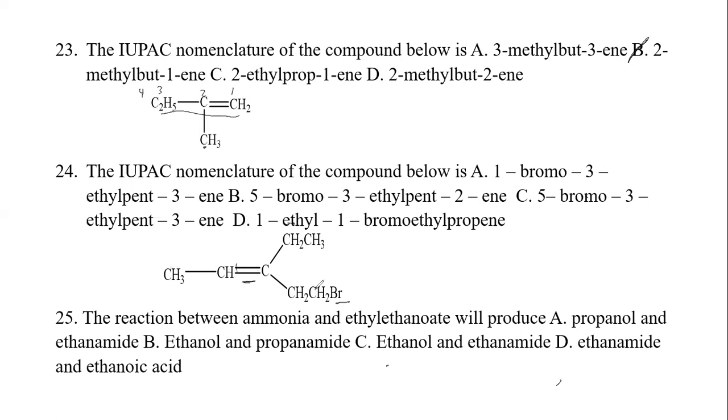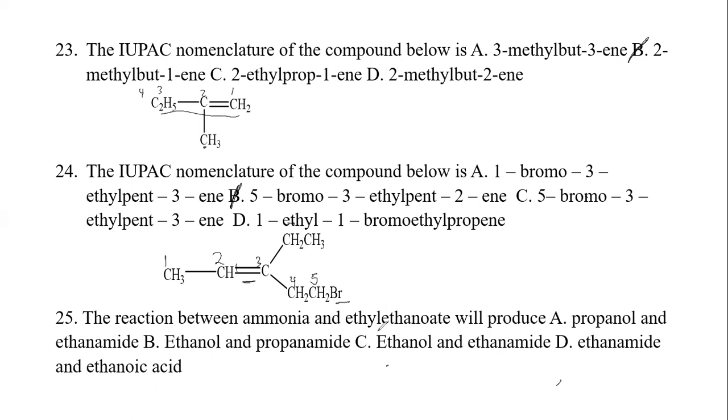Now, the alkene is the functional group of higher priority, so I will number from here, 1, 2, 3, 4, 5. So the correct answer is going to be 5-bromo-3-ethylpent-2-ene. So that's going to be option B.